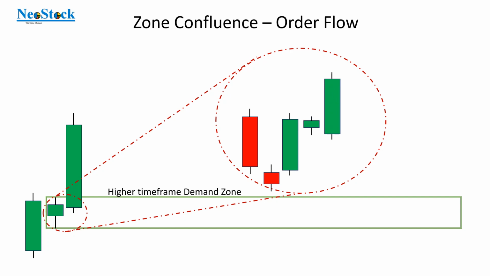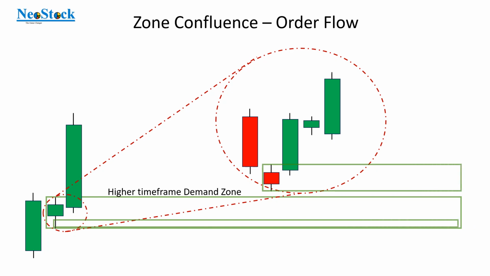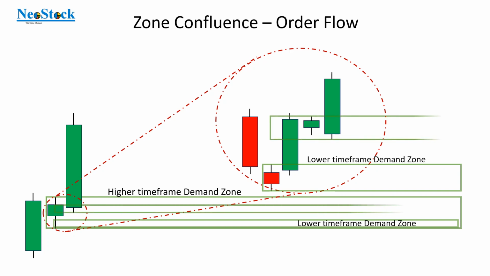Now we identified one lower time frame demand zone. We also identified one more lower time frame demand zone. Within the higher time frame, we identified in this example two lower time frame demand zones.